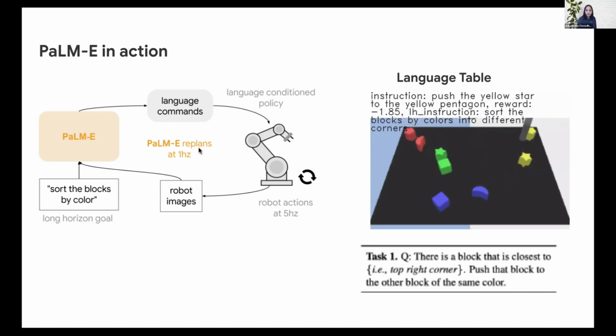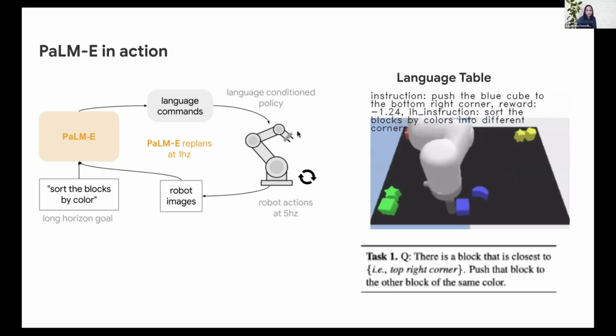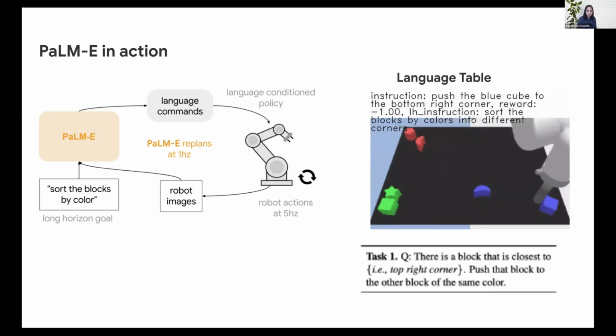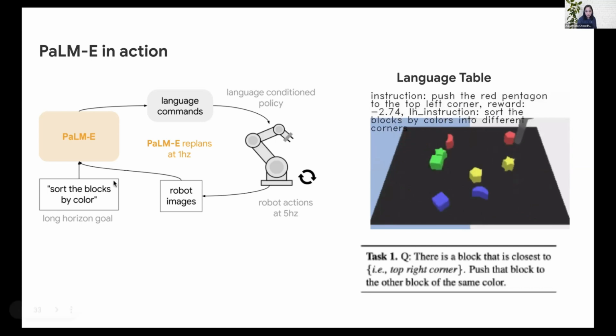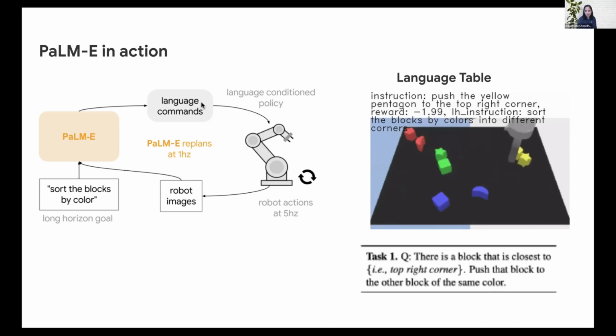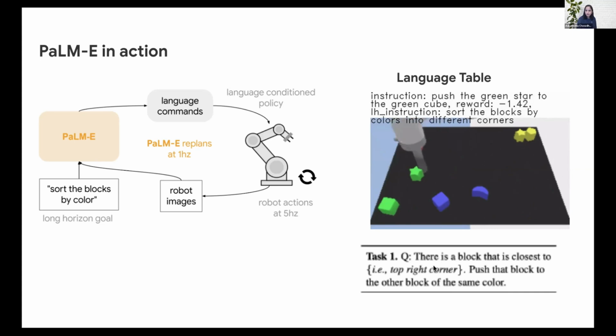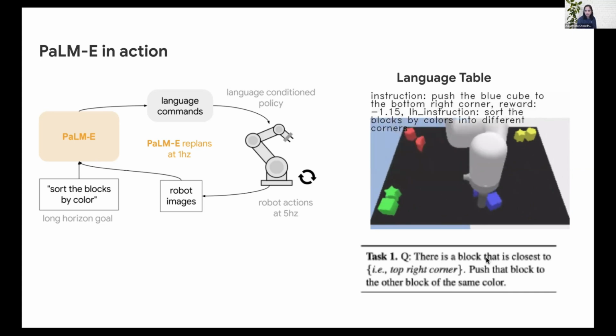So the planning is happening at a 1 Hertz time scale, while there's a smaller model which is moving much faster and converting that policy into robot actions. And then you're getting a feedback loop of robotic images, which then feeds back into PALM-E, which corrects what is the next set of language commands that need to be generated. On the right, there is an example of this where it is being asked to do a task.